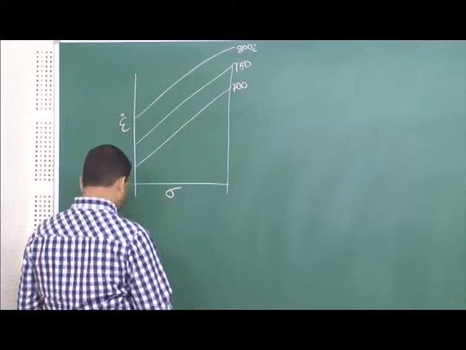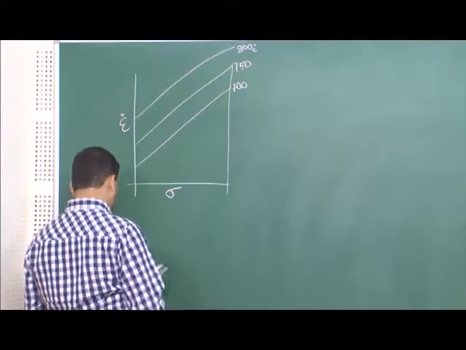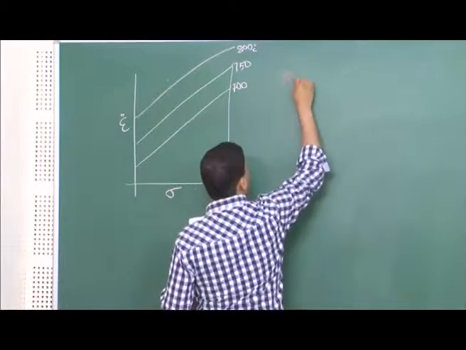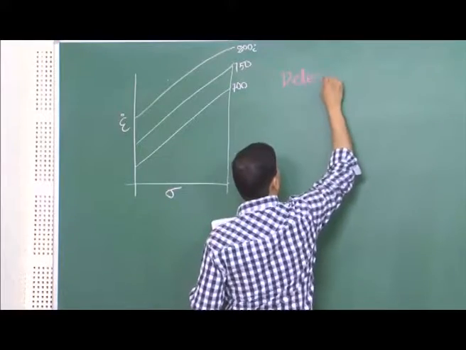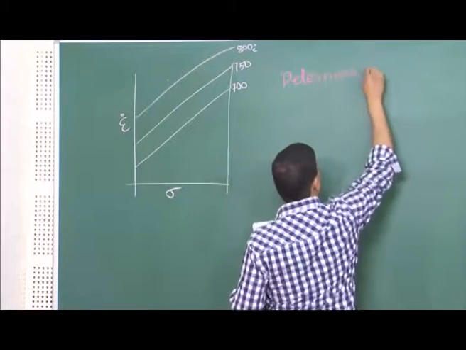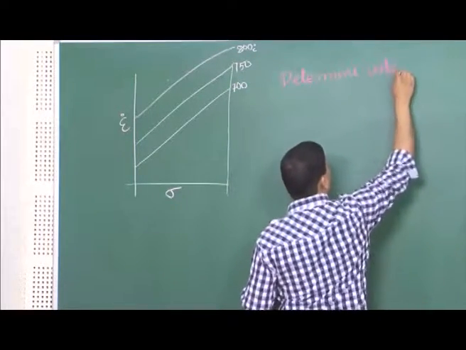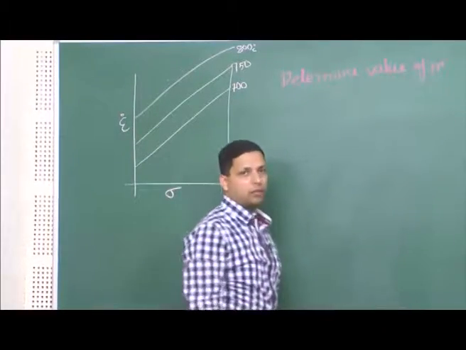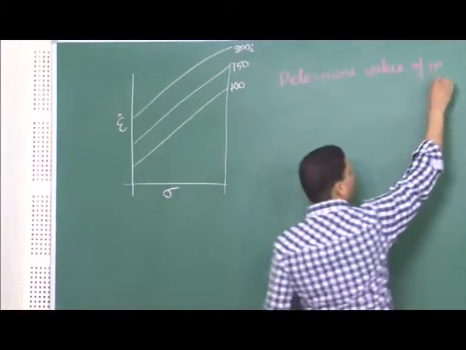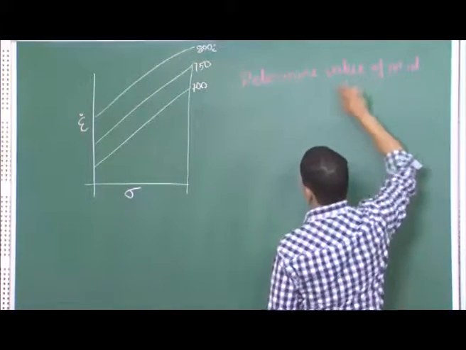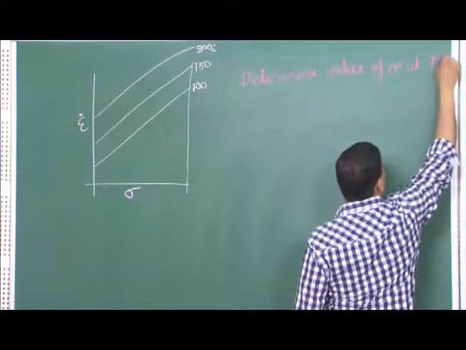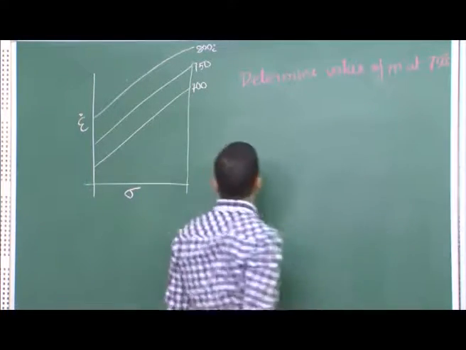Now, here if someone asks you what determines the value of m for this material at some particular temperature, let us say at 750, then what do you need to do?